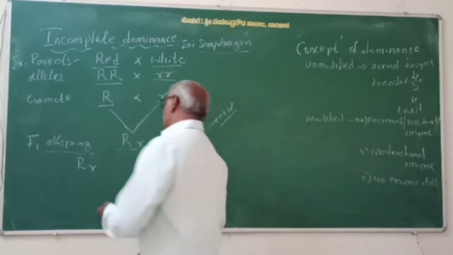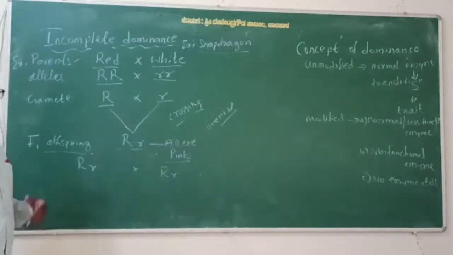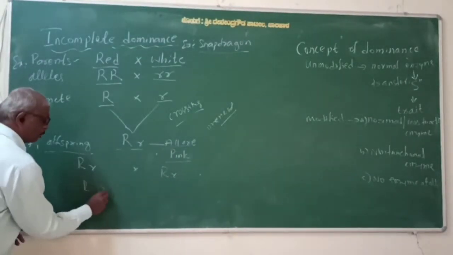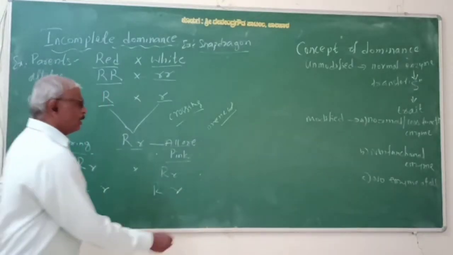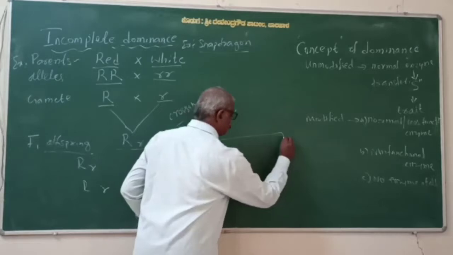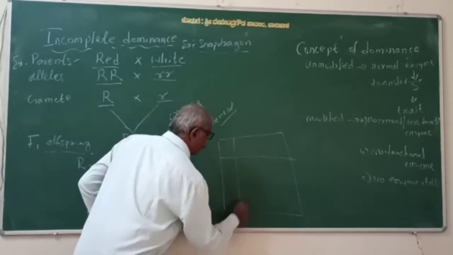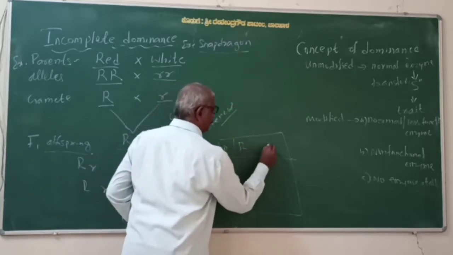And next, with capital R small r, let us see what happens in the next F2 generation. Capital R, small r, capital R, small r, these are the gametes as you know. Selfing is done here. When selfing is done, you just see capital R small r.